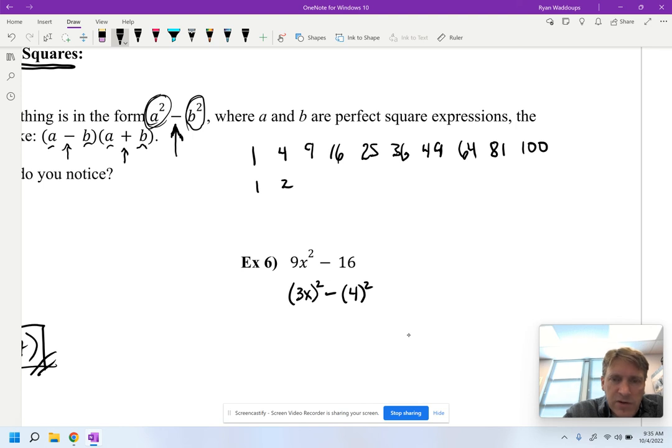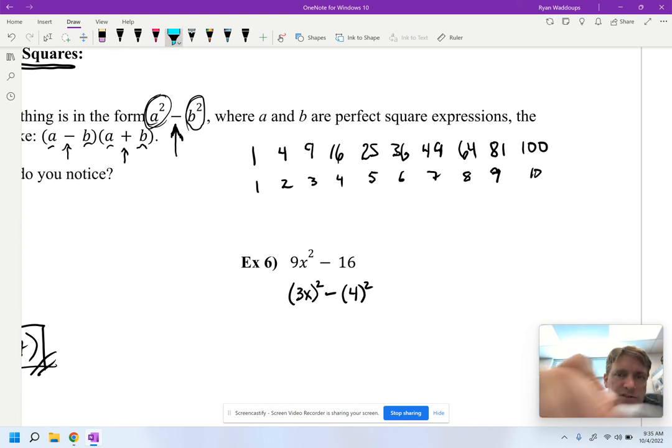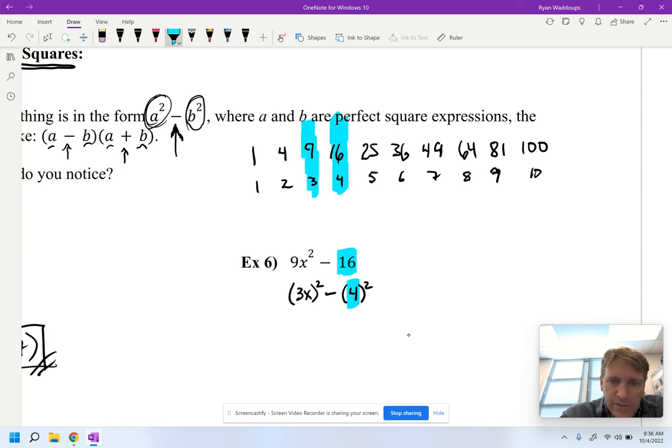And then the numbers that correspond with them: 1, 2, 3, 4, 5, 6, 7, 8, 9, and 10. So the two that I see right off the bat that have to do here is 16 and 4, and 9 and 3.